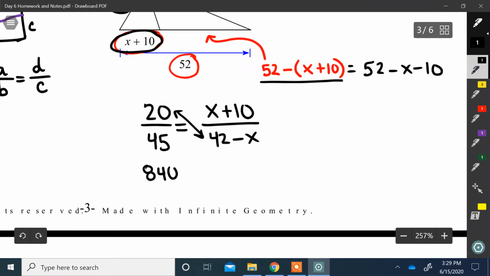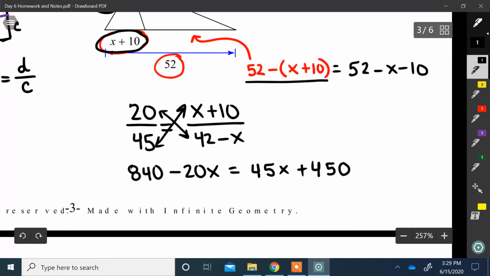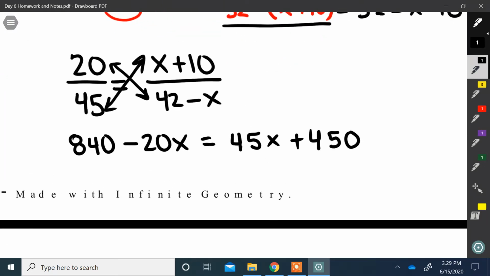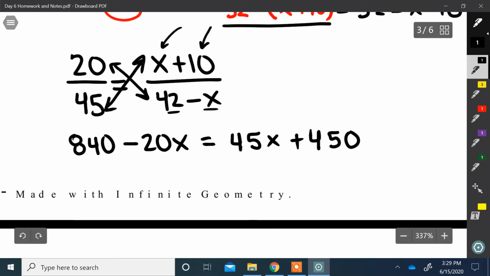So we get 840 minus 20x is equal to 45x plus 450. So I cross multiplied all that out there. Remember, you multiply the 20 by this 20 and by this, and you multiply the 45 by this and by this. Let's go ahead and simplify.